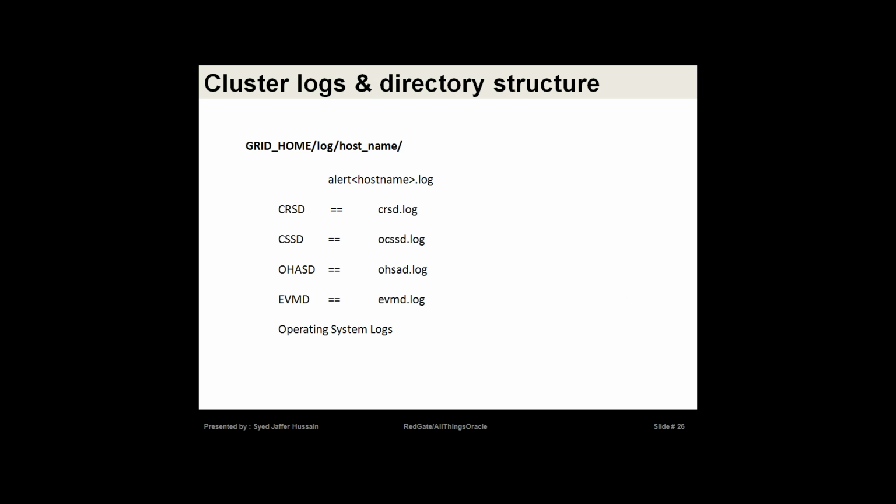We have some of the very important log files on your screen: the alert log file, CRSD log, OCSSD log, OHASD, EVMD, and of course some of the operating system log files. We will be going through all these log files, see their importance and what kind of information they have, and how we can utilize that information, either proactively or reactively.